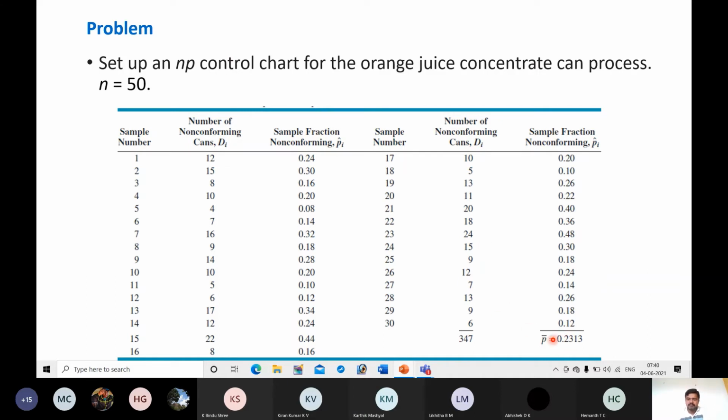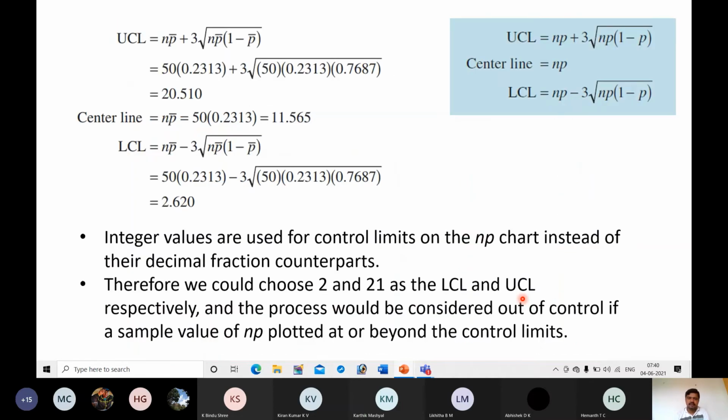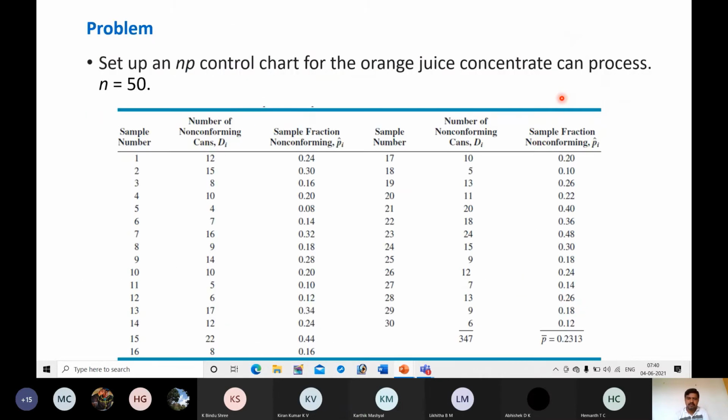Next, if you know the n value and the P bar value, then you can find out the central line, upper control limit and lower control limit. Then you can go for plotting the chart, using again these equations. Since here also we don't know the P value, P is not a standard, instead, based on the given data, we can calculate the sample fraction non-conforming for every sample.